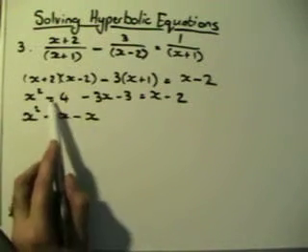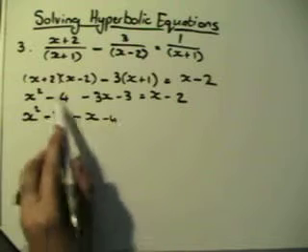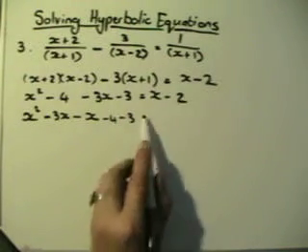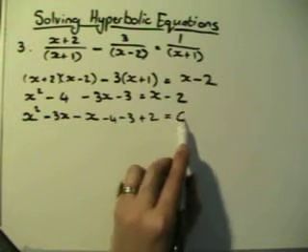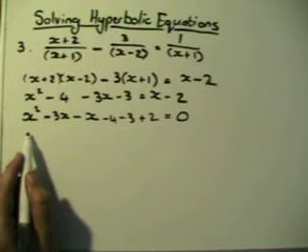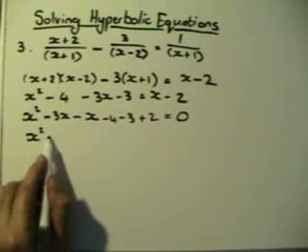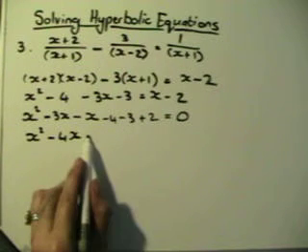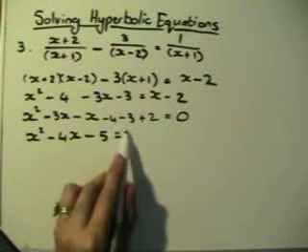Then I write all of the numbers. Here's a minus 4, there's a minus 3, and there's a minus 2 that's going to become a plus 2, is equal to 0. And now I have x squared minus 4x, this is minus 7 plus 2, minus 5 is equal to 0.